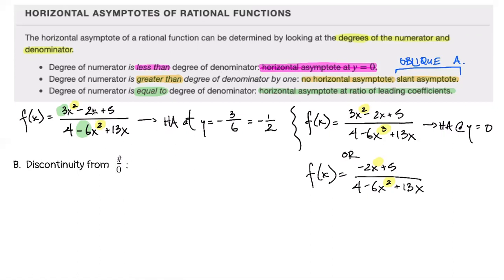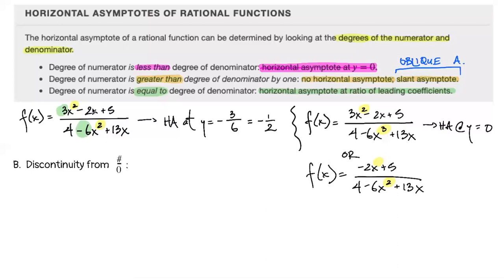We're not saying everything else about the graph is the same. We're just saying, what do we need to do in order to get a graph that has these characteristics? So if I say write a function where there's a horizontal asymptote at y equals 0, you could write either one of these options here.